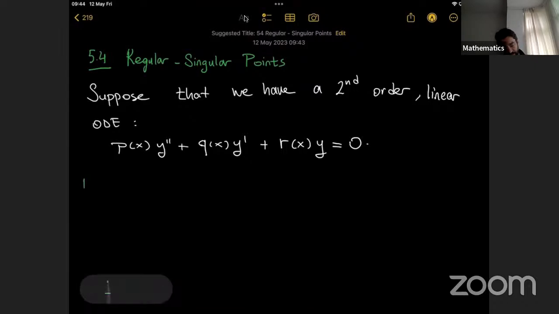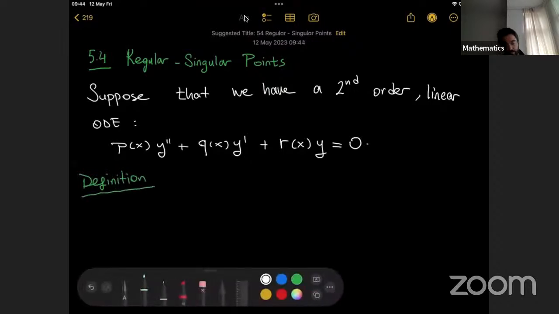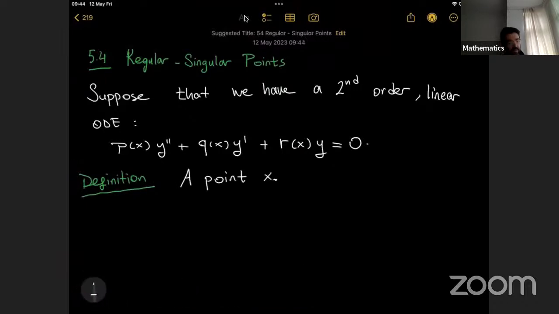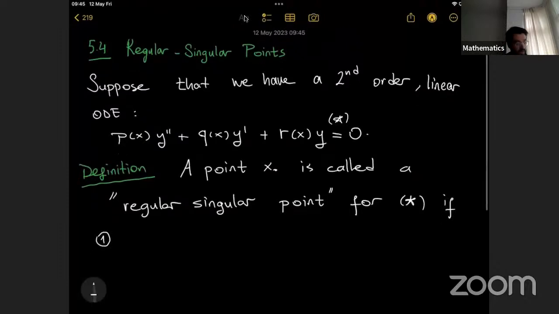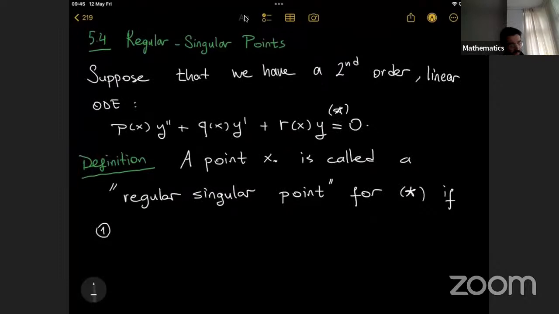So it is a definition. A point x naught is called a regular singular point for the differential equation, let's call it star, if first, it is a singular point of star.